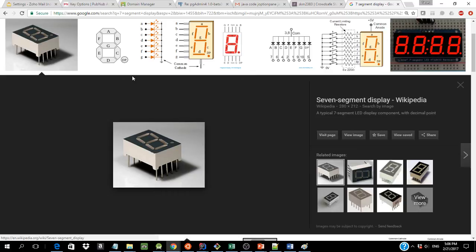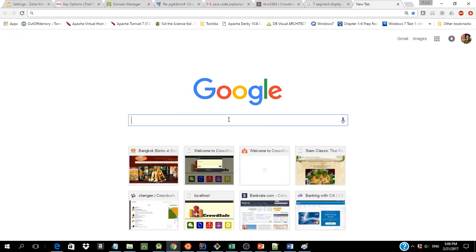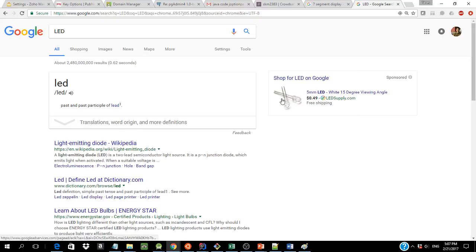So in order to get that, these LEDs can display. Do you see those represent the LEDs? If you don't know what LEDs are, it's the light like that.